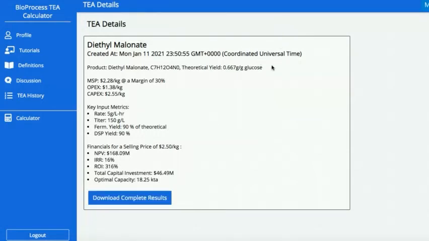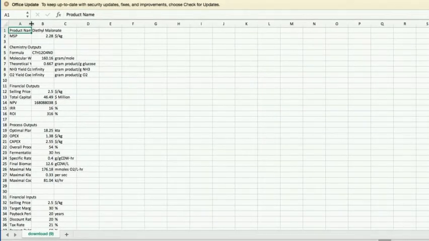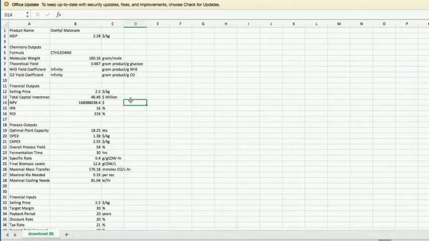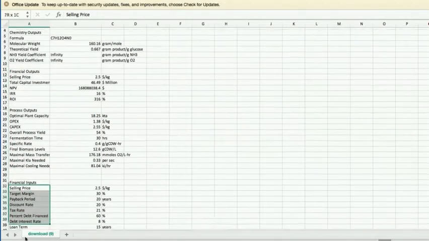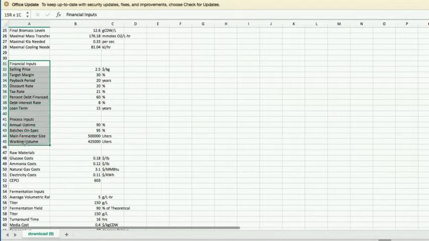Downloading the complete results will get you a CSV file with a complete summary of the analysis. The CSV file includes the summary output information on the main calculator page, as well as all of the inputs for this analysis.